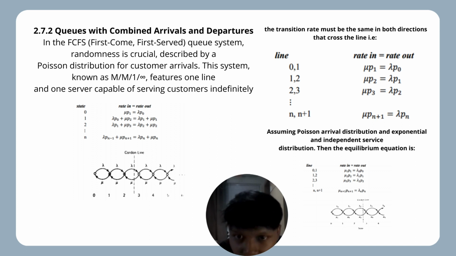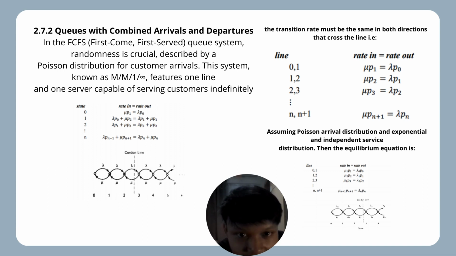2.7.2 Queues with combined arrival and departures. In the FCFS, first come first serve, queue system, randomness is usually described by a Poisson distribution for customers' arrival. The system is known as M/M/1/∞, with one line and one server capable of serving customers indefinitely. As you can see, this is the formula.